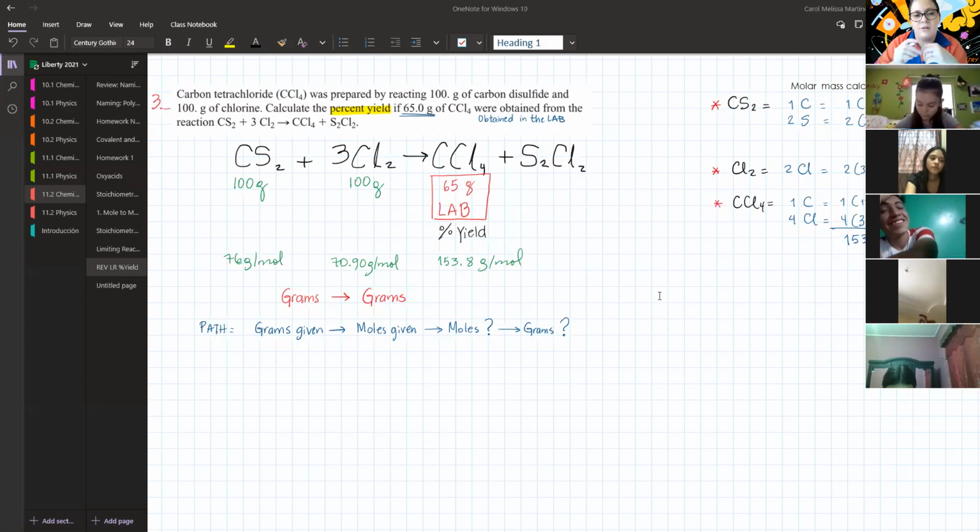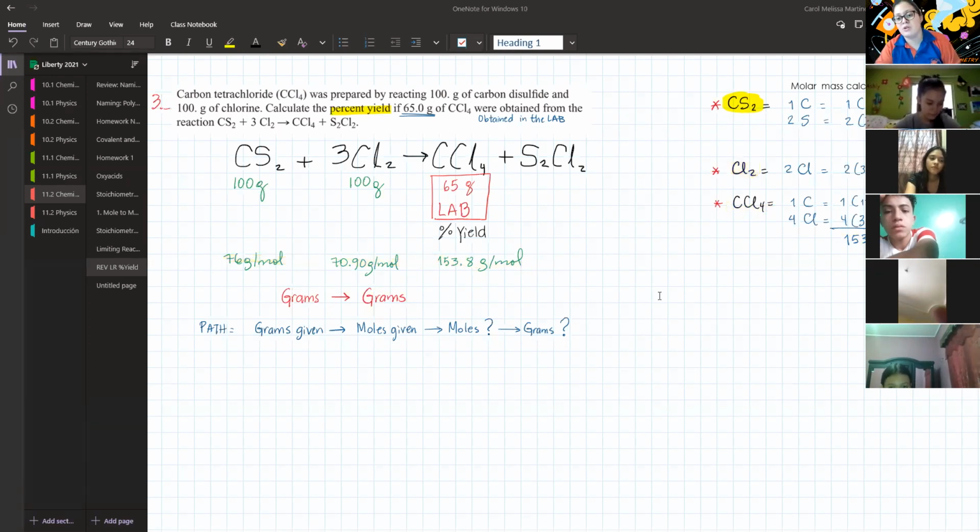So this path is going to help you to do the process. So I did the process of the molar masses. I know that CS2 is 76 grams per mole, so I put it here. I know that Cl2 is 70.90 grams per mole, and I know that carbon tetrachloride is 153.8 grams per mole. So I have all the information I need, which means that I can start working with that problem.